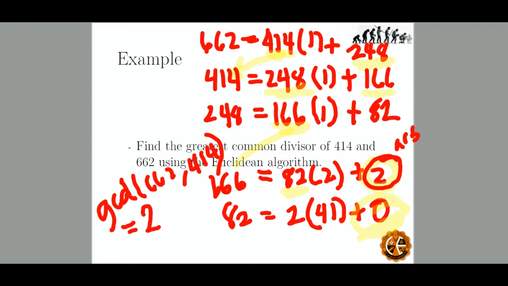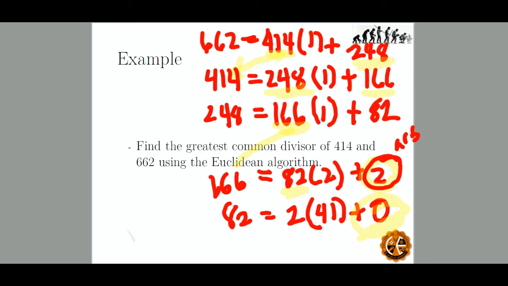Okay, so with this we could come up with another way of doing this, using the modulo operator. So we could have a repetitive modulo operation. Say if we have numbers GCD of A and B, again let's just assume that A will represent the greater integer, 662 for example, and B will be the smaller.